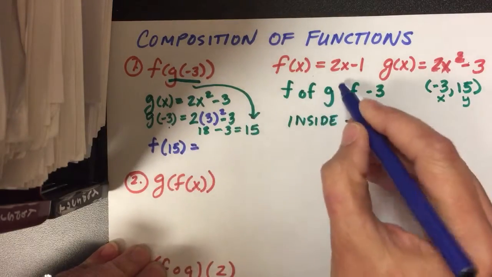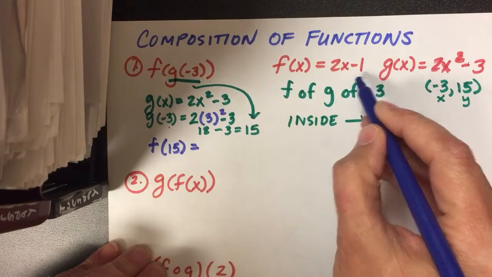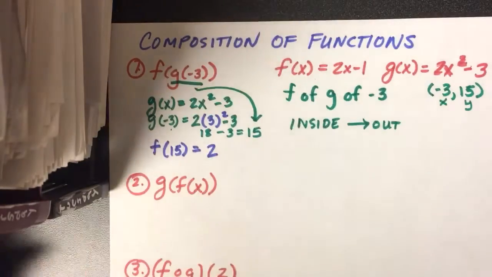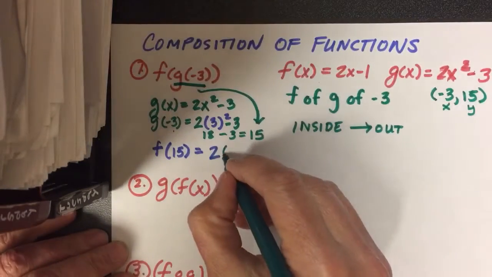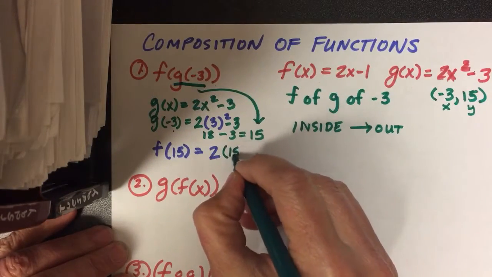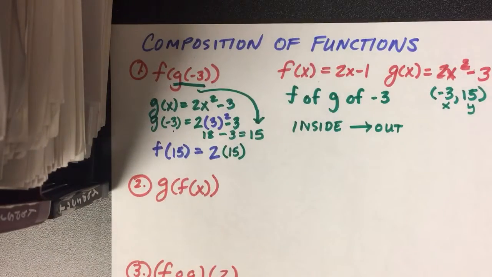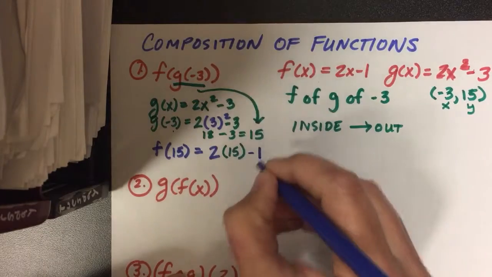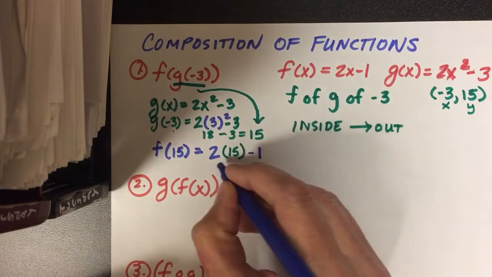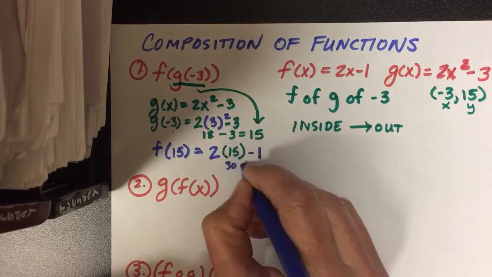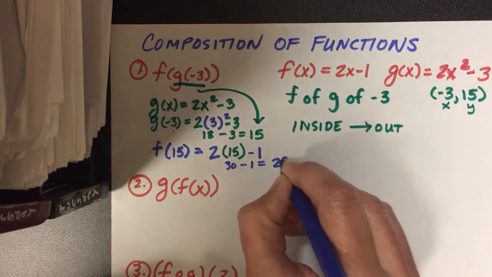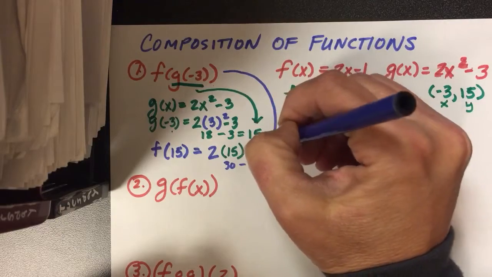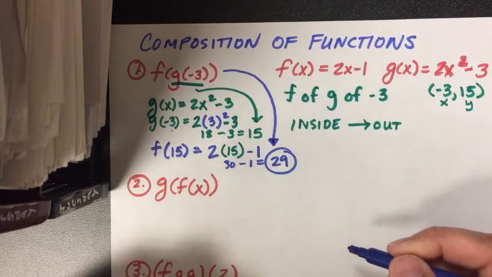I go to my f of x, which is 2x minus 1, and my input, 15, is going to go wherever I see an x. So I'm going to have 2 times 15, minus 1. All I've done is input. 2 times 15 is 30, minus 1 is 29. So your final answer, f of g of negative 3, is 29.